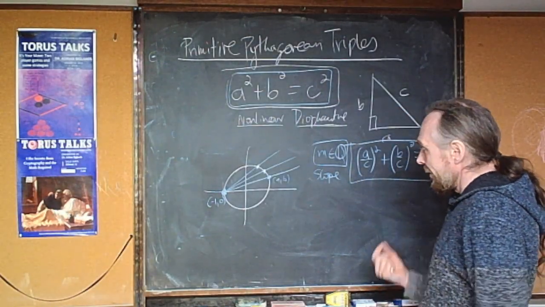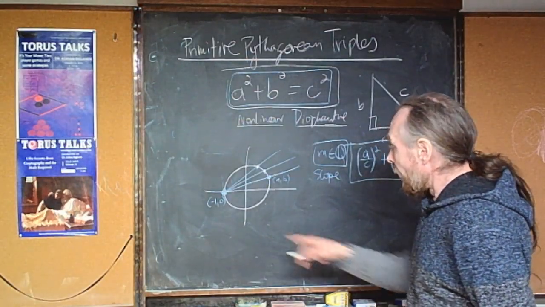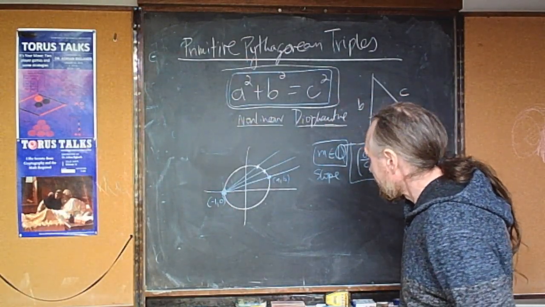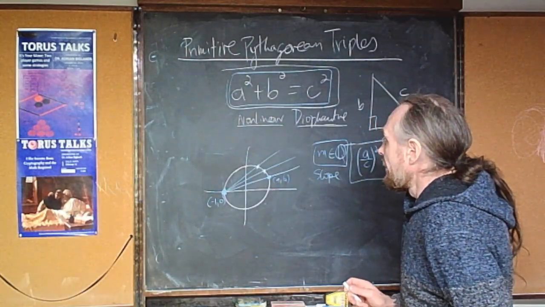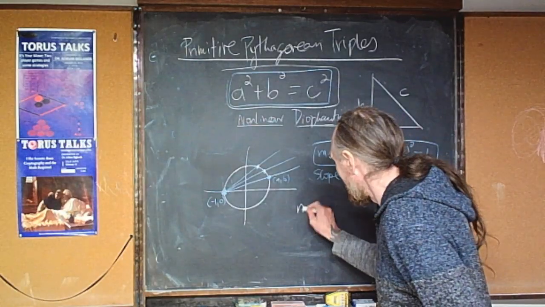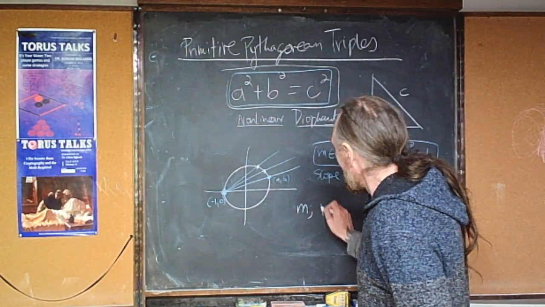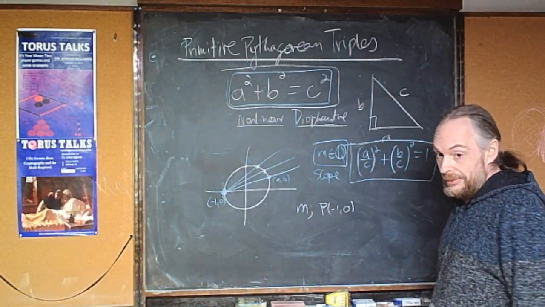The first thing we're going to do is some long division and a couple of other things. What I want is the coordinates of a and b. If we know that we have slope m and the point -1, 0, we can use one of the forms of a line.